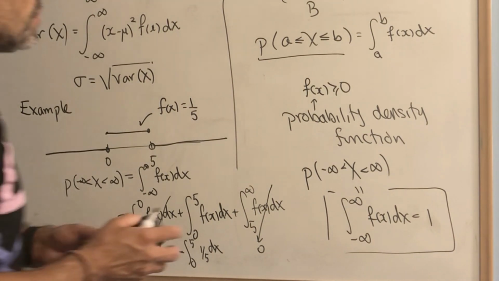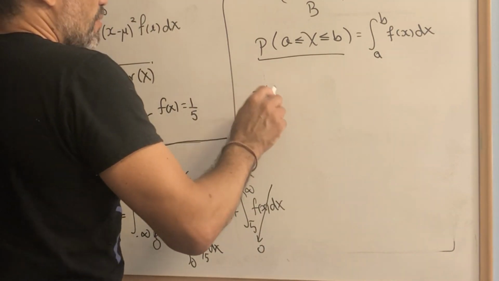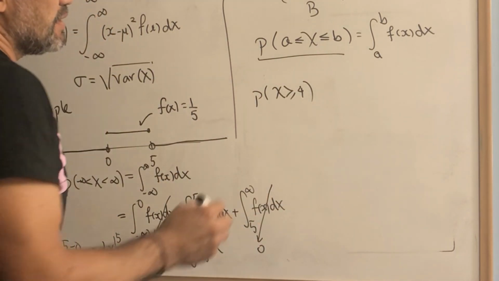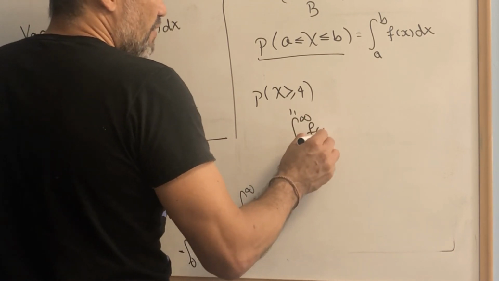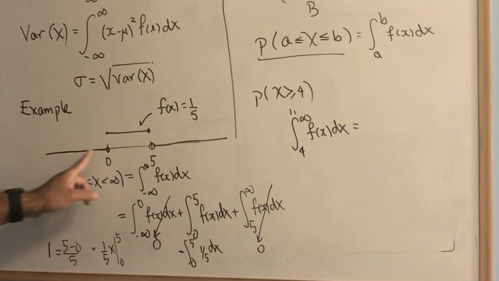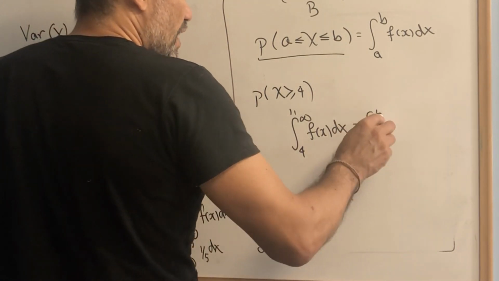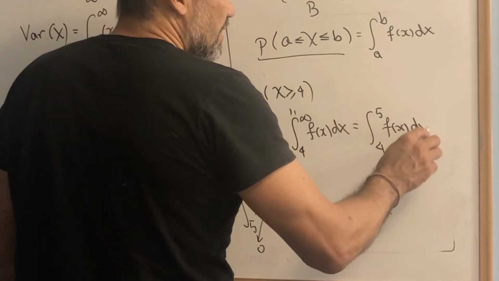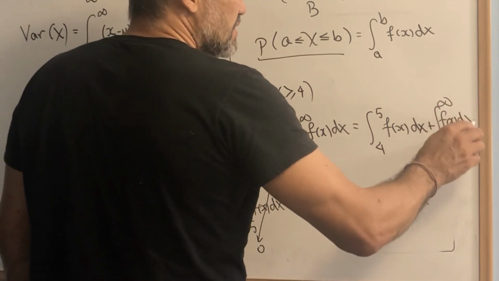But we can do more things with this. I can compute the probability that x is bigger or equal than 4. This probability is the integral from 4 to infinity of f of x dx. Then you divide the integral into as many pieces as the function is defined. You integrate from 4 to 5, because there is a splitting in the definition of the function, of f of x dx, plus the integral from 5 to infinity of f of x dx.